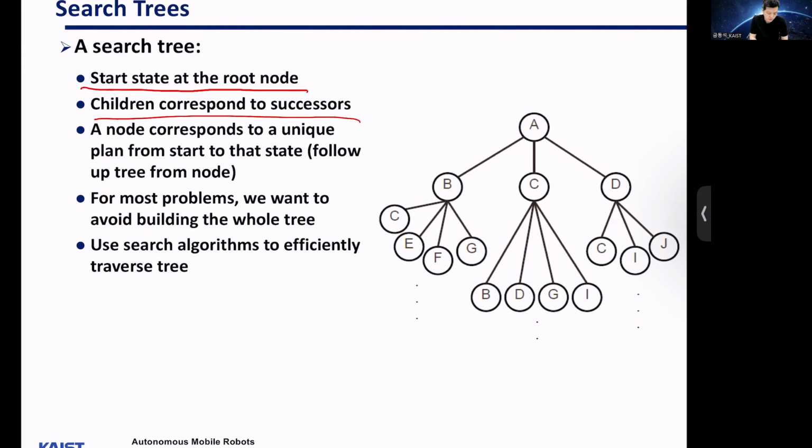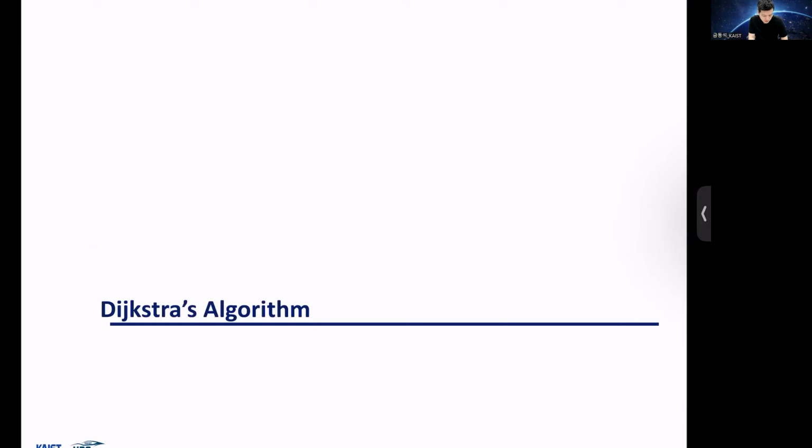For most problems, we want to avoid building the whole tree. Use search algorithms to efficiently traverse a tree. So the key here is we want to avoid building the whole tree.